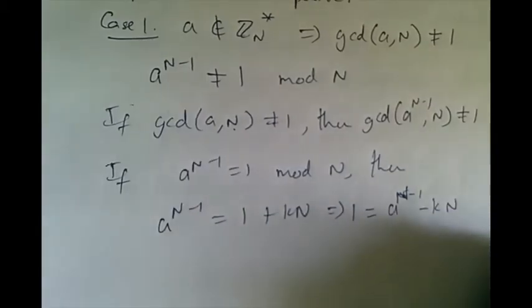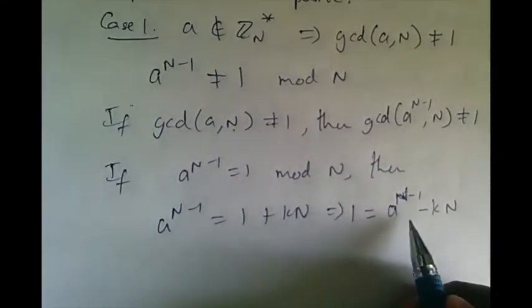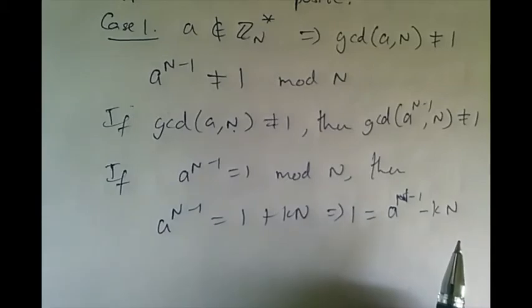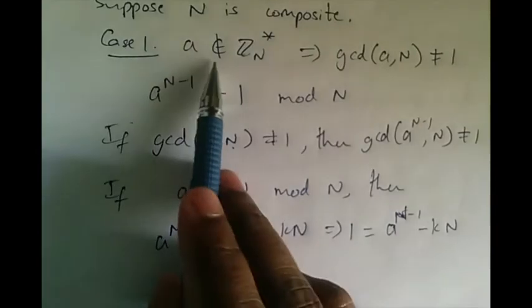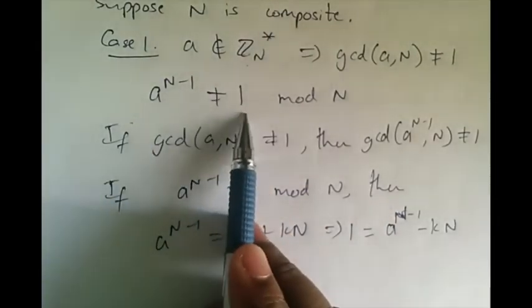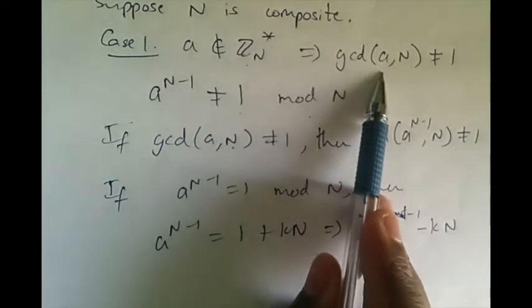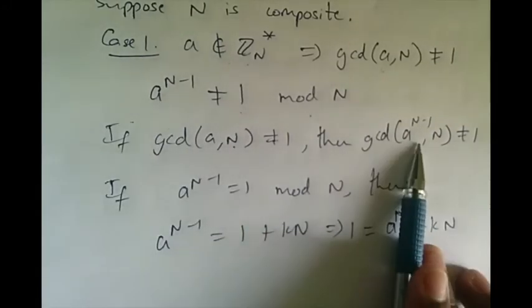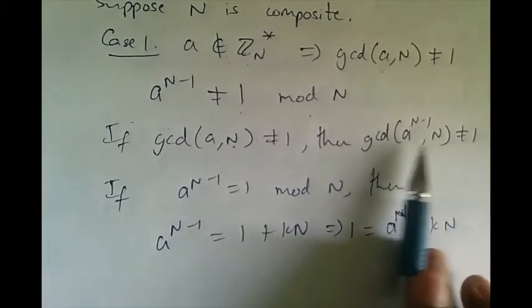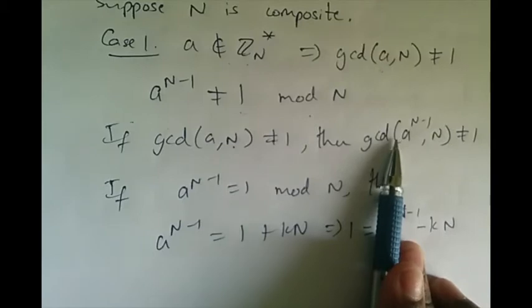And we know that the GCD is the smallest positive integer which can be written as an integer linear combination of the two integers whose GCD we have taken. So if a is not in Zn star, a raised to n minus 1 will not be equal to 1 mod n. What was the argument? We already know the GCD of a and n is not equal to 1. If this GCD is not equal to 1, then the GCD of a raised to n minus 1 and n should also not be equal to 1, because this GCD will divide this GCD here.